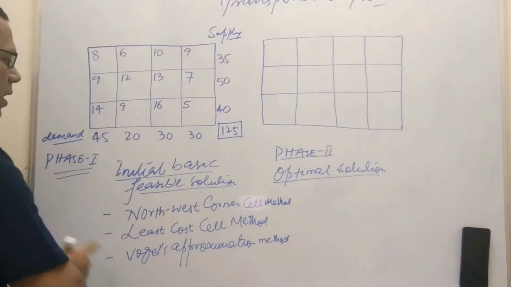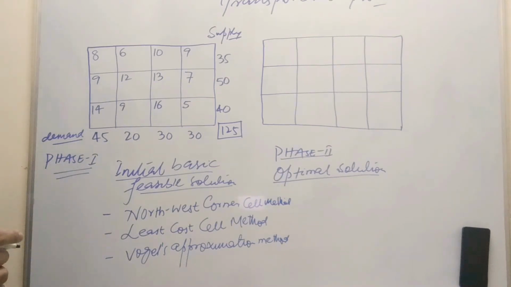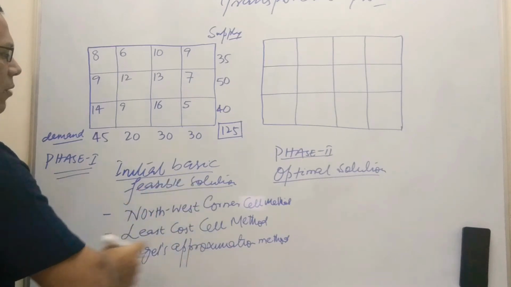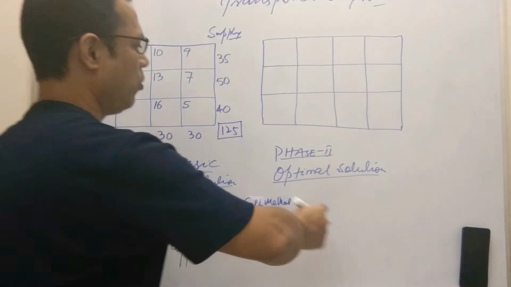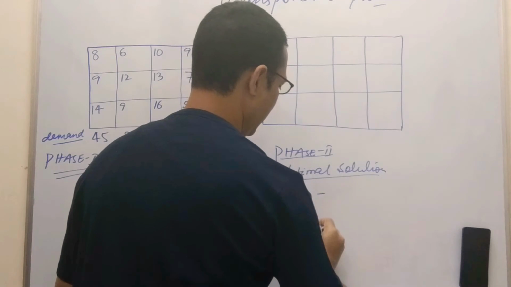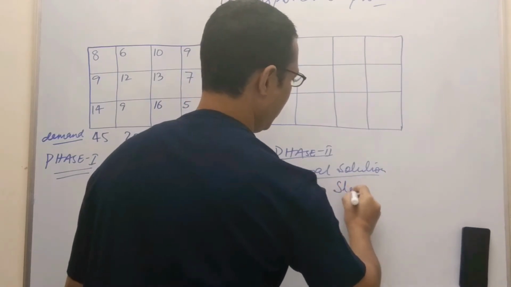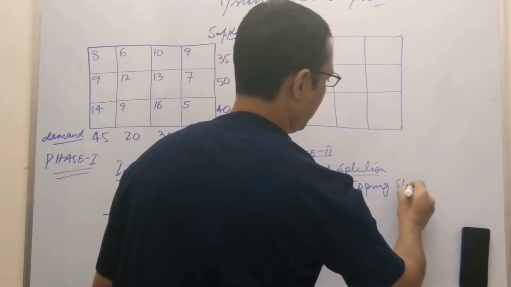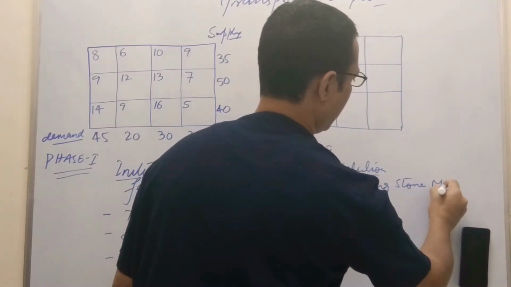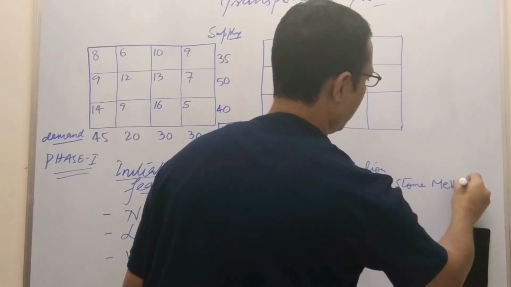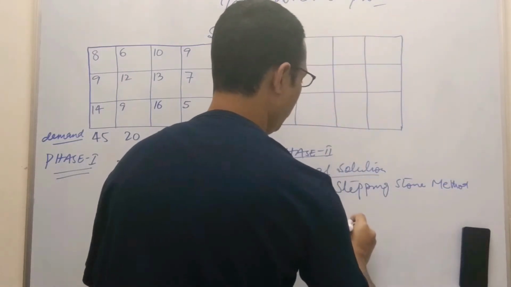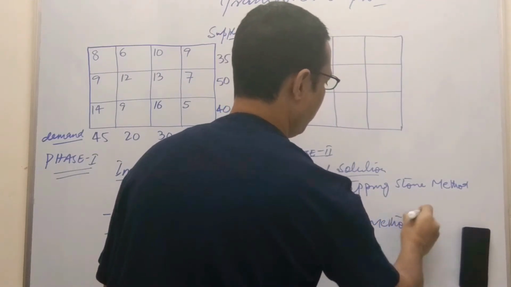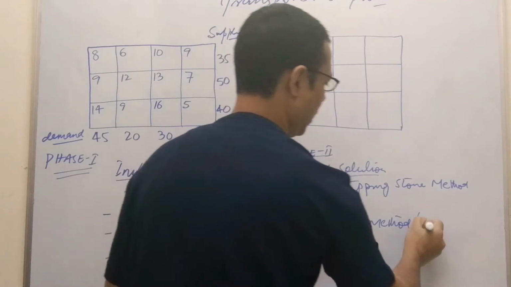Generally we apply these three methods. Any of these three methods may be applied to get the initial basic feasible solution. We will see them one by one. To get the optimal solution there are two methods: the stepping stone method and the UV method. The UV method is sometimes called the MODI method.